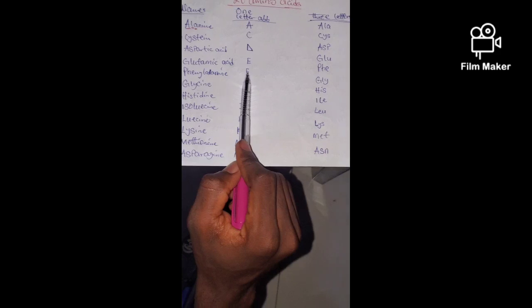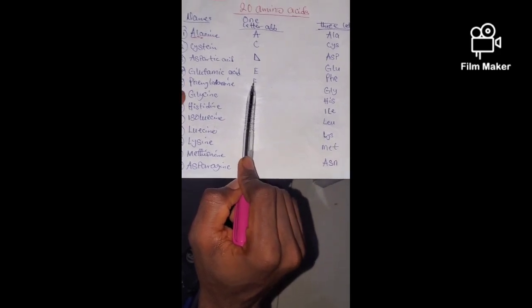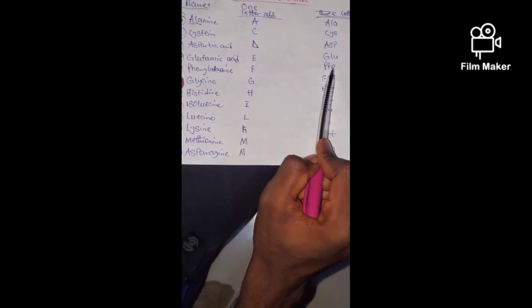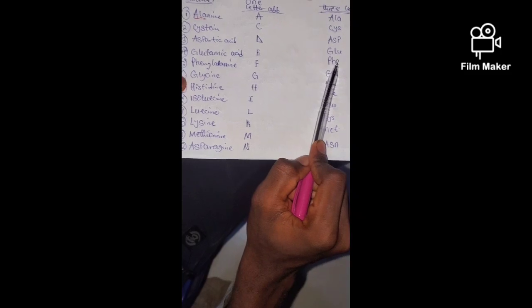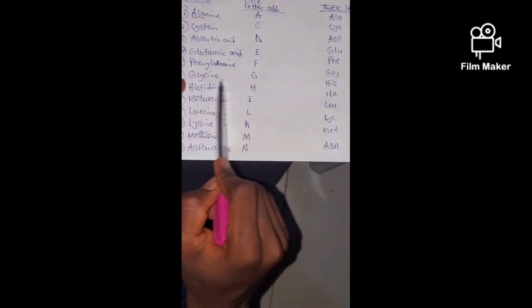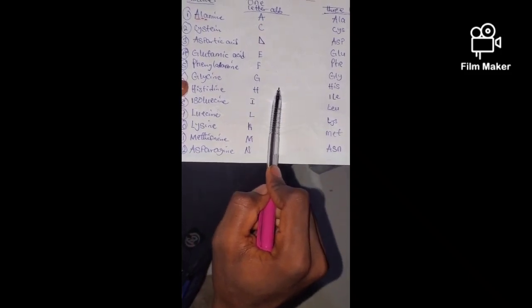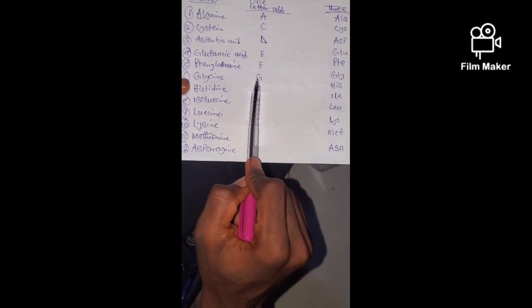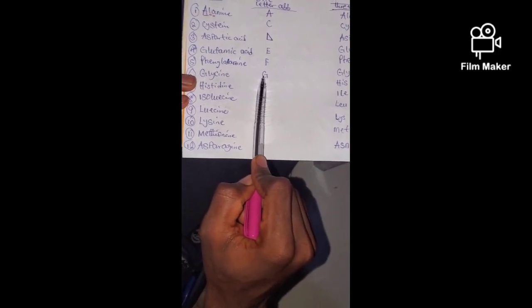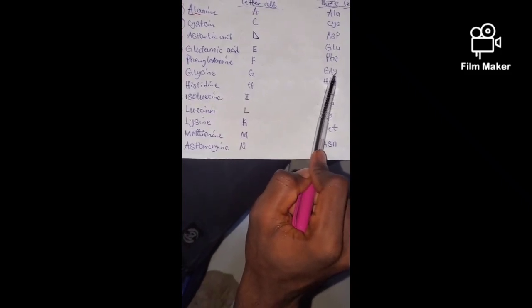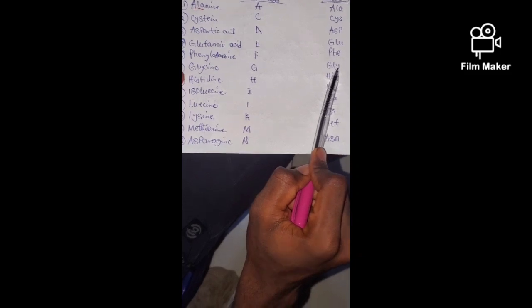We have F as the one-letter abbreviation, and PHE as the three-letter abbreviation. We have glycine. G is the one-letter abbreviation for glycine, and GLY is the three-letter abbreviation.